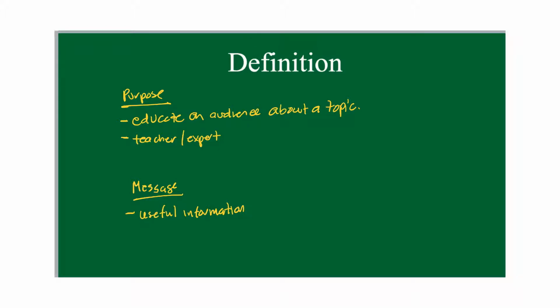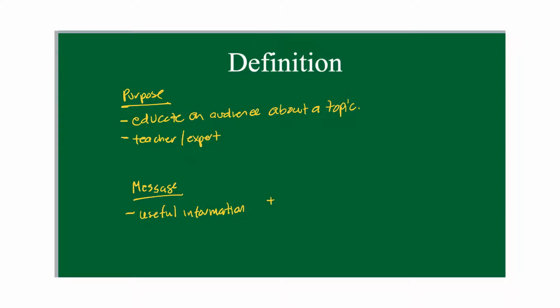Or maybe how to buy a house, where you walk through the steps of saving up for the deposit, finding a real estate agent, considering property values and so forth. So that's going to be your message. Your message is going to be some kind of set of useful information about a subject.